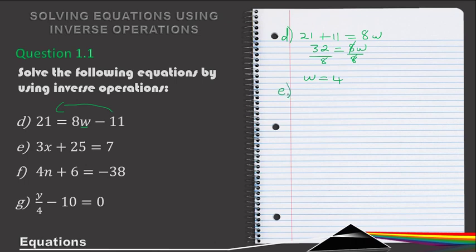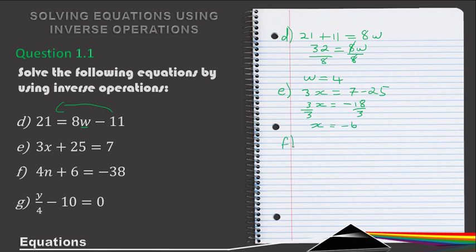Now for E, the first thing I do is take the 25 over. So I've got 3x is equal to 7 minus 25. So 3x is equal to, so this is 18, so this is negative 18, and then divide both sides by 3, and then I get x is equal to negative 6.